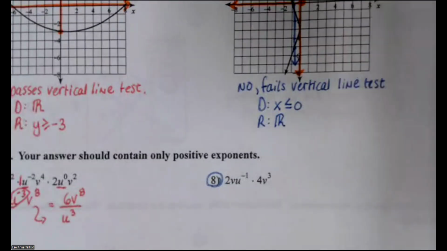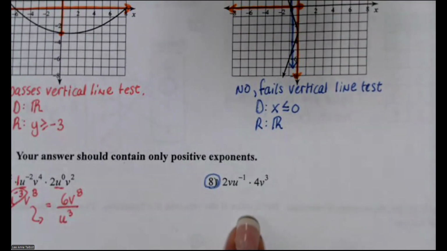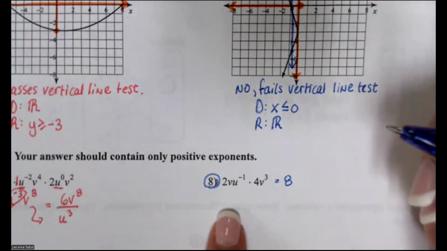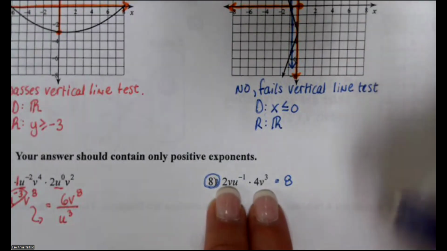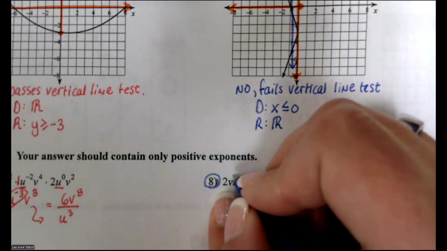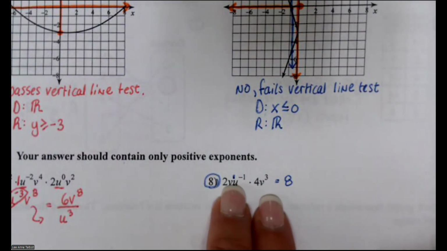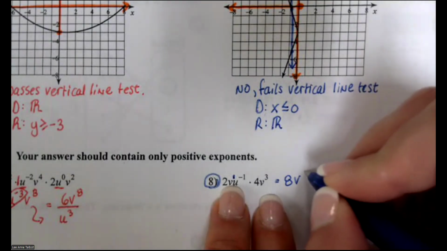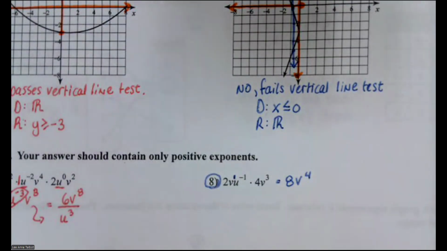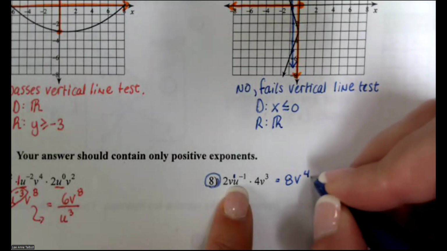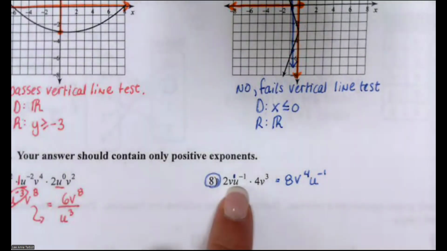Number 8. Number 8 is a multiplication problem. You multiply the numbers in front, and then add the exponents on the things that go together. This v does not have an exponent, so I'm going to put a little 1 there. 1 plus 3 is 4, so v to the 4. And then u doesn't have anybody to combine with, so it's just u to the -1.